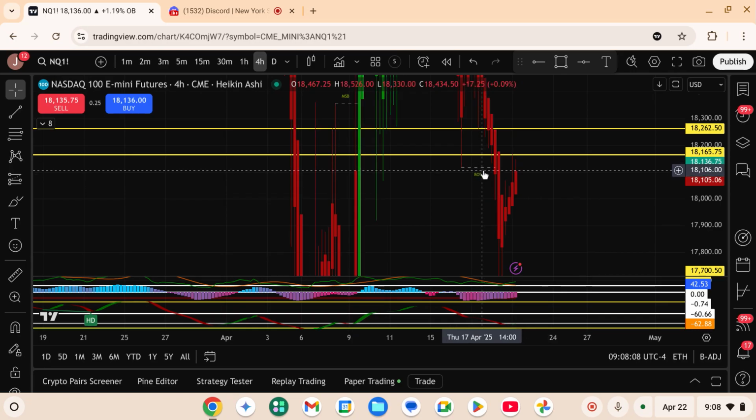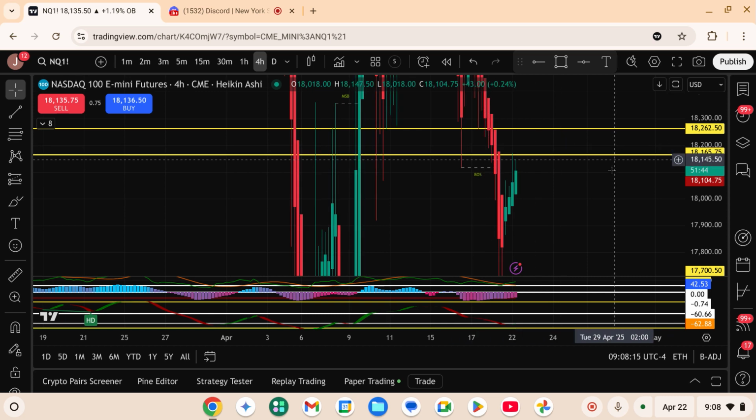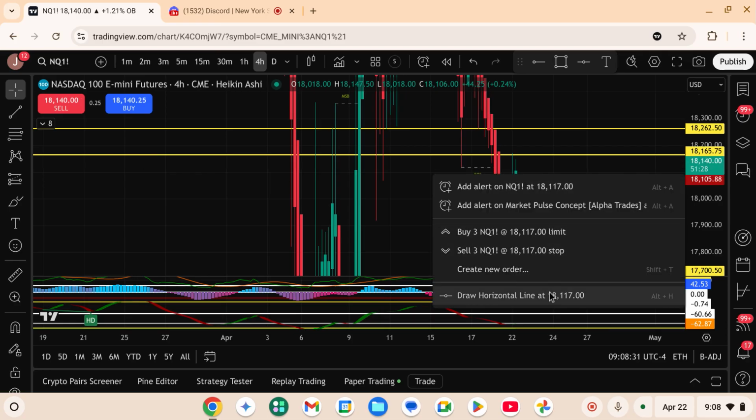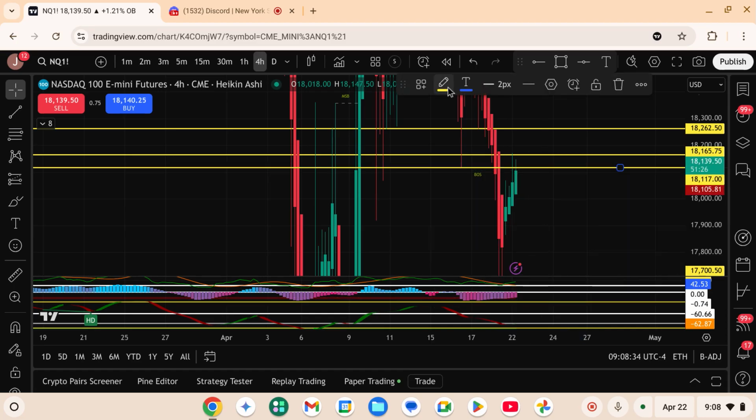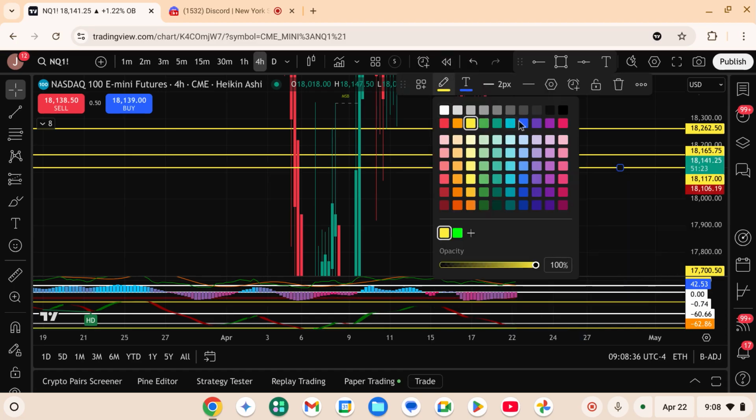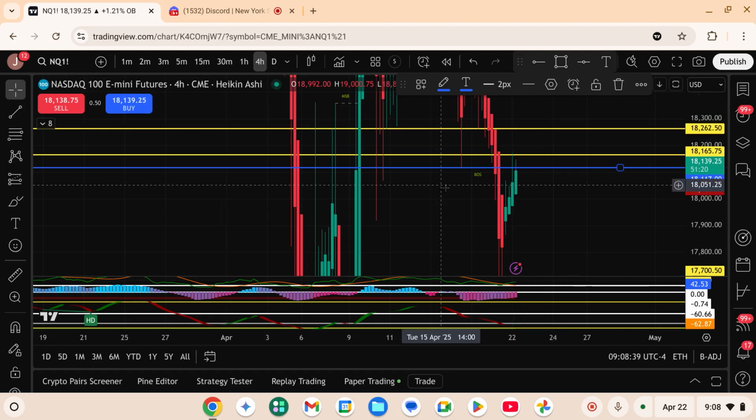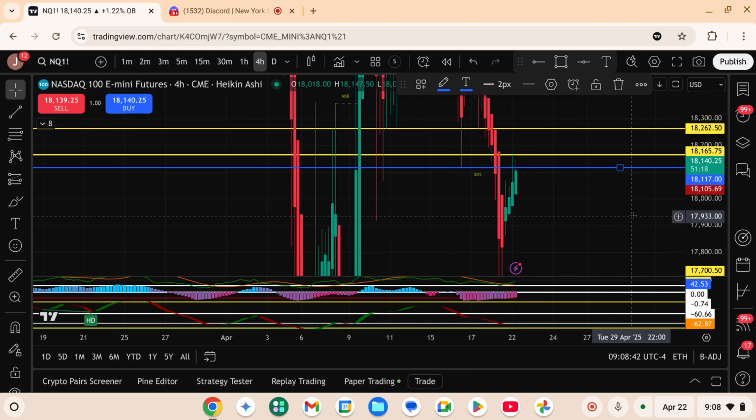Right here, we just got the wick tapping into it. So this could still be valid. So we'll draw that up. Unless like the 1 hour or something, the body tapped into it there.